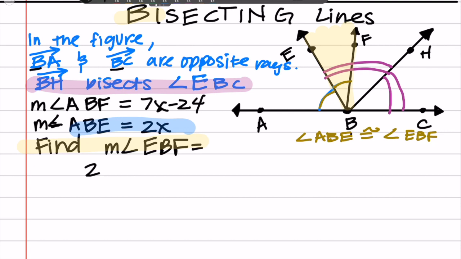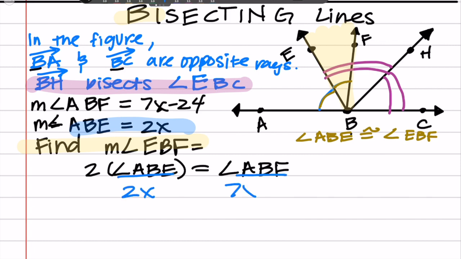All right, so what that means is, though, that if we have two of angle ABE, that it would equal the entire thing of ABF, because two of those, they're both congruent and they make up the entire angle. So we know what each of these are. Angle ABE is 2x and ABF is 7x minus 24.